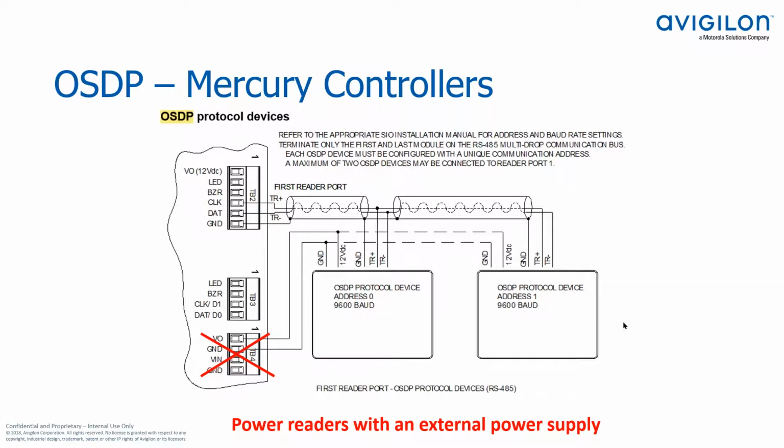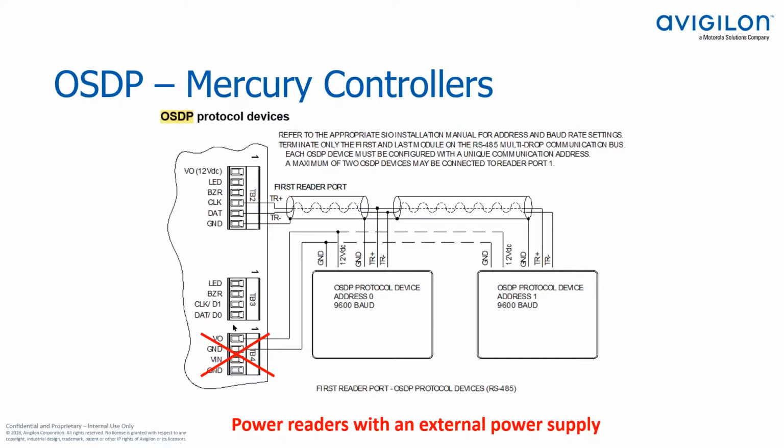So if you're doing multiple readers, you can do the RS-485 wiring, because that's what it is, an RS-485. OSDP runs on RS-485. You can daisy chain that, but you have to power the reader locally. Okay, you have to power the reader locally.